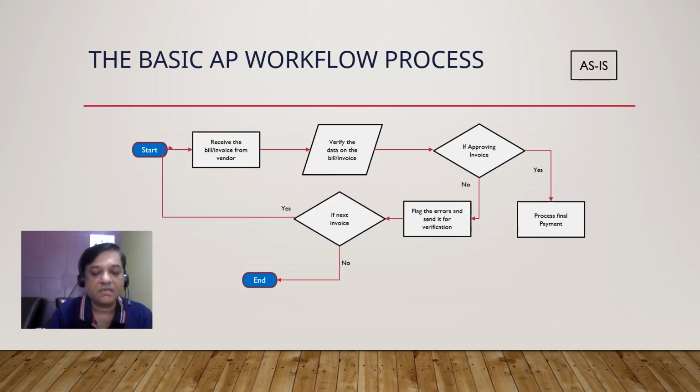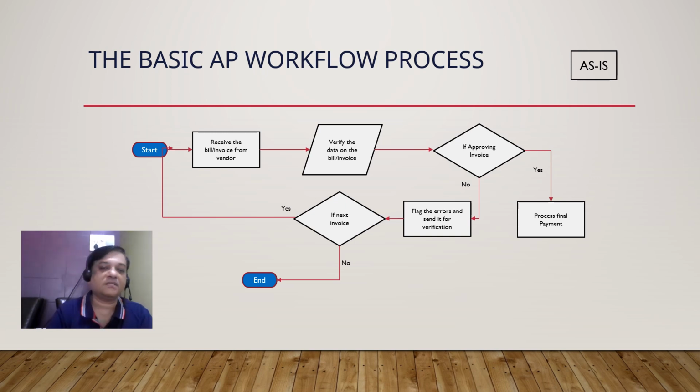So this is where you receive the bill or invoice from the vendor and verify the data on it. If approving the invoice is okay, then process the final payment. If no, if there is some mismatch, then flag the errors and send it for verification. If there's a next invoice, again repeat the same thing.